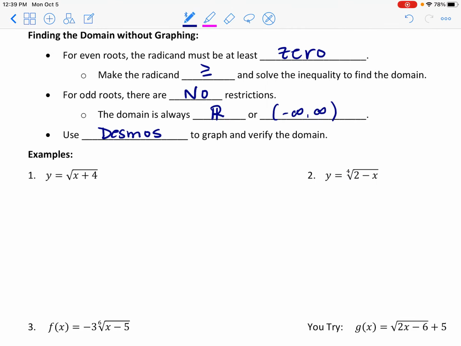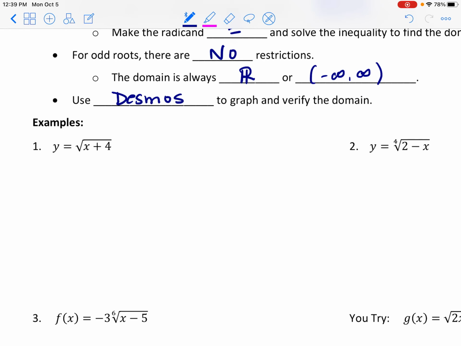Or, I know, if I want to do some algebra here, I know mathematically that my radicand has to be at least 0. So if I take this x plus 4, the radicand, and say it has to be greater than or equal to 0 and solve, I can also find my domain. So solving this is just like solving an equation. I'm going to subtract the 4 over and say that, well, x has to be greater than or equal to -4. So that would be one way to state the domain.